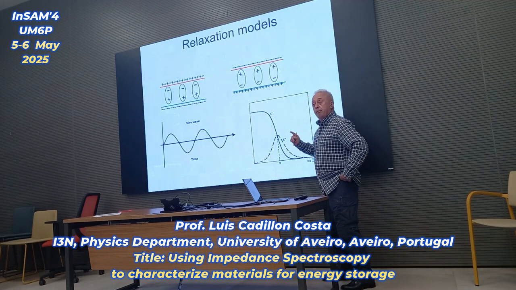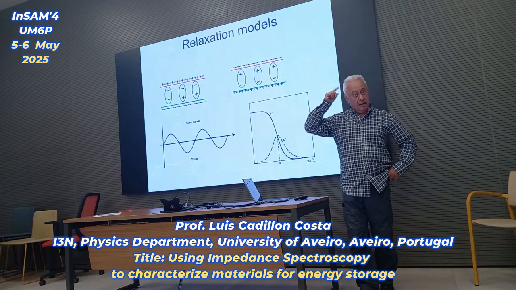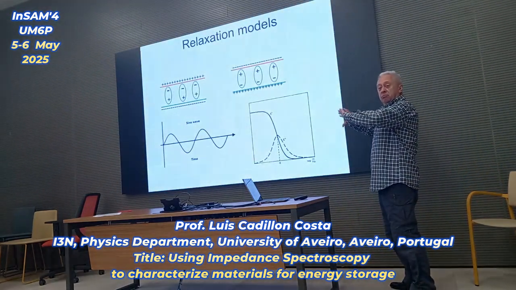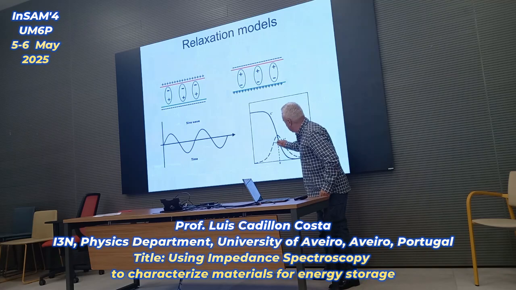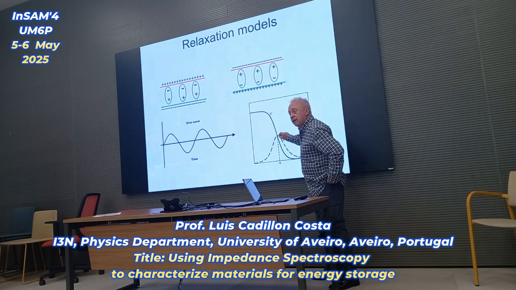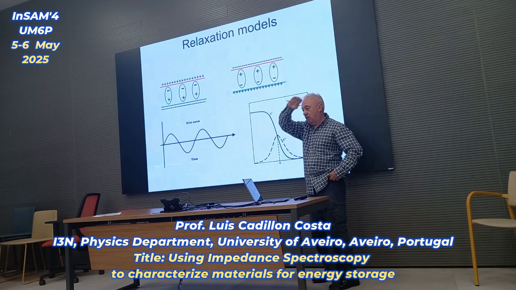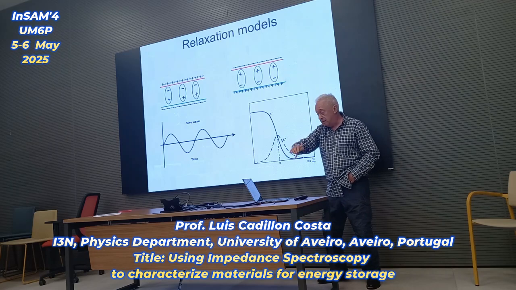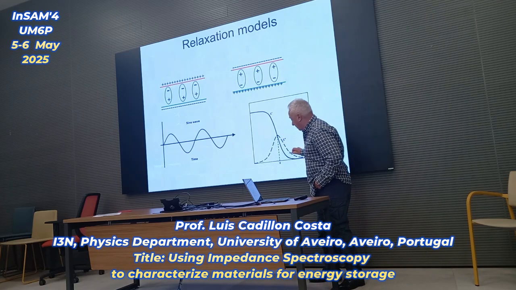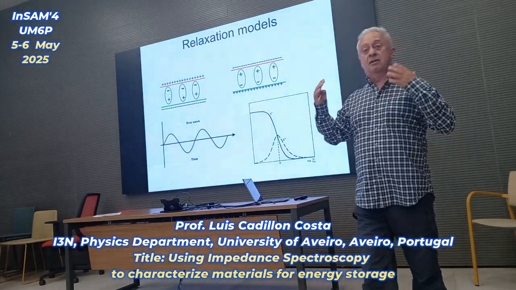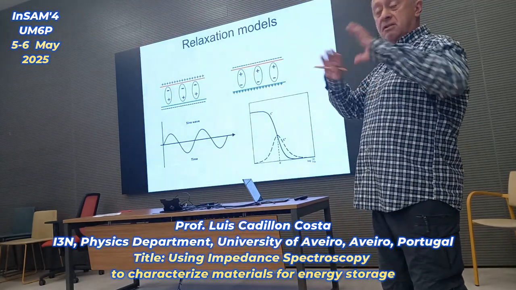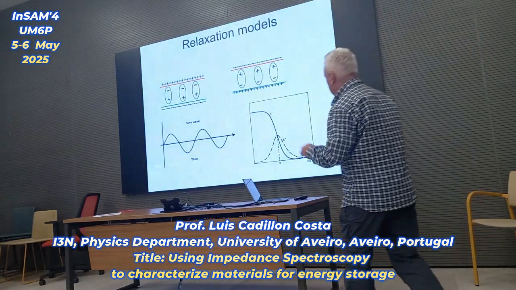Then epsilon double prime, which you saw is the imaginary part, you can calculate. This is not important now, but you can believe that it's something like that. It has a maximum exactly at this inflection point. We can prove this using the Kramers-Kronig relationships, but it's too complicated, so it's not important.